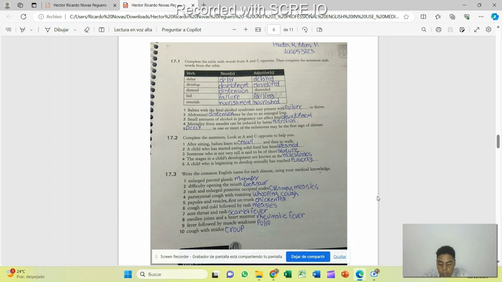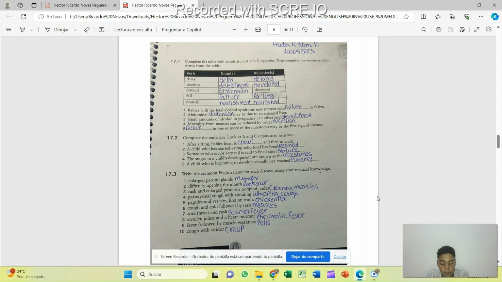Three, a small amount of alcohol in pregnancy can affect fetal development. Four, mortality from measles can be reduced by better nutrition. Five, delay in one or more of the milestones may be the first sign of disease.